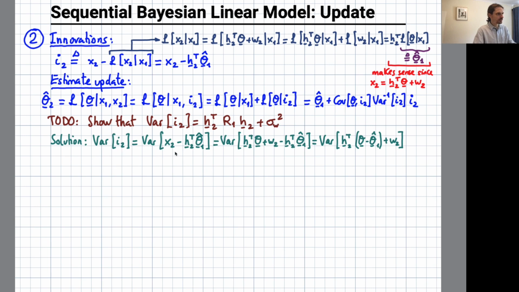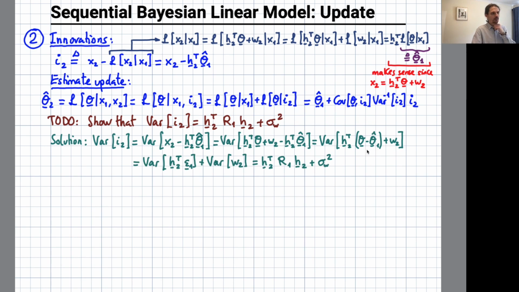The variance of I2 is the variance of this quantity here. Now we just use the definition of x2, which is here, and take H2 transpose as common factor. So this is the variance that we need to compute.